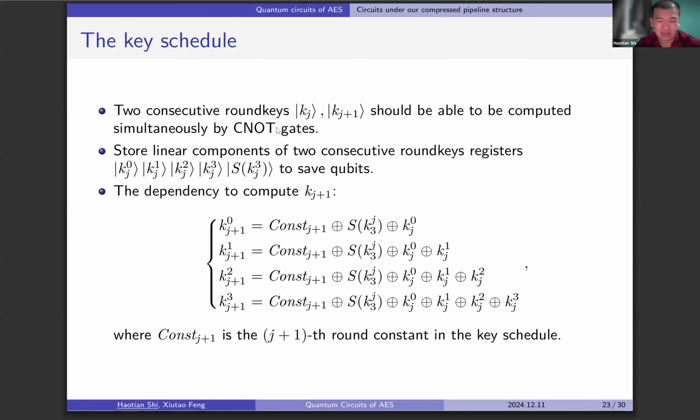The key schedule is a little bit different from the previous structures, since in our structure, 2 consecutive round keys should be able to be computed simultaneously by CNOT gates. In order to save qubits, we choose to store linear components of 2 consecutive round key registers. The dependency to compute is like this.